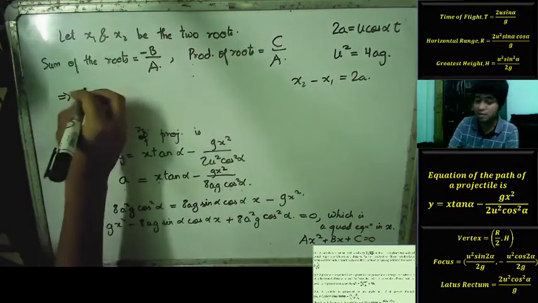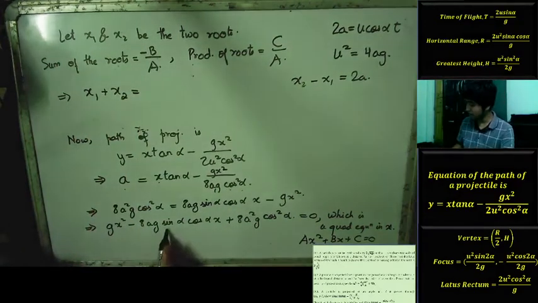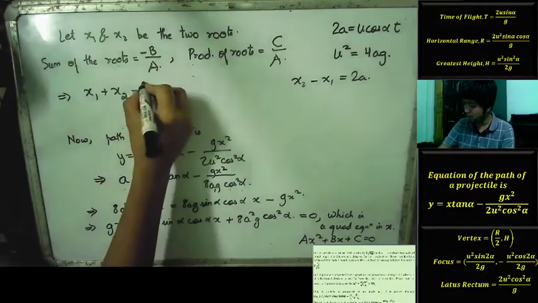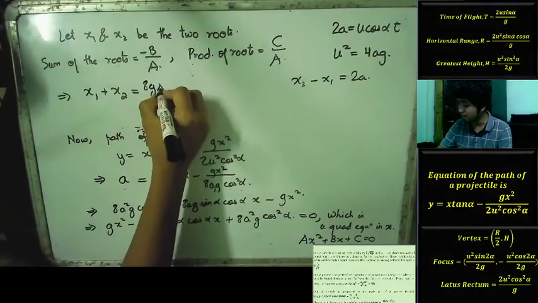So the sum of the roots, x1 plus x2, equal to minus b by a, will be 8a sin alpha cos alpha.